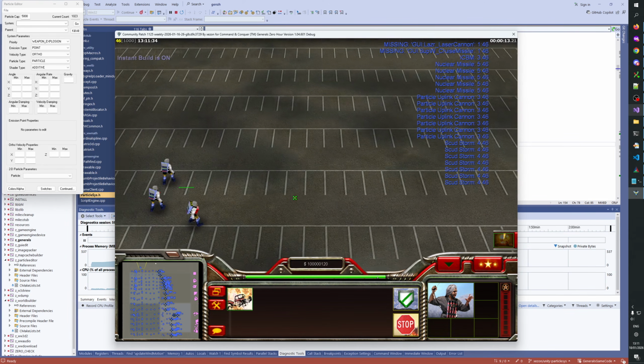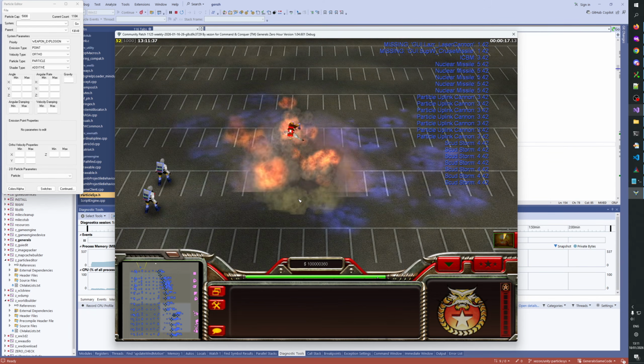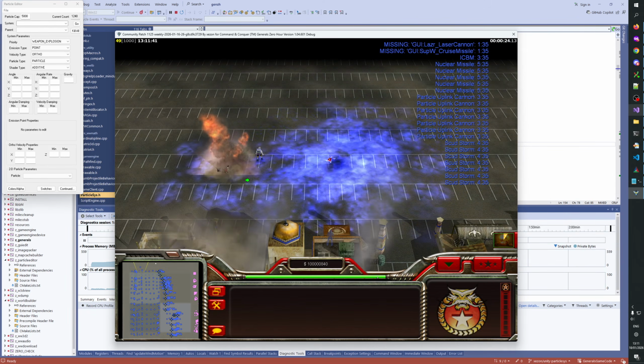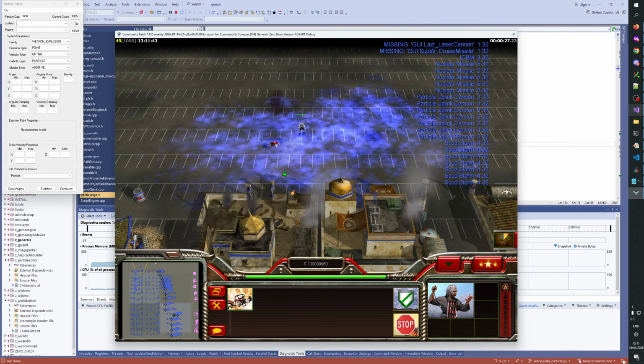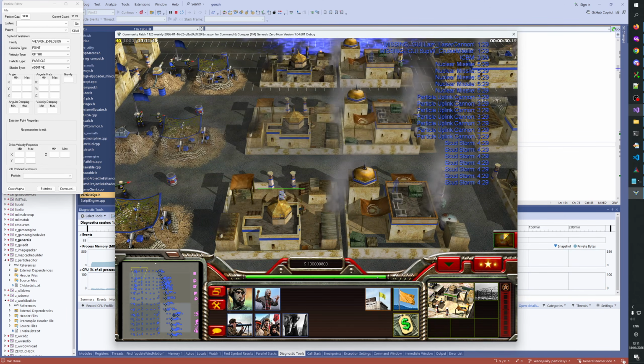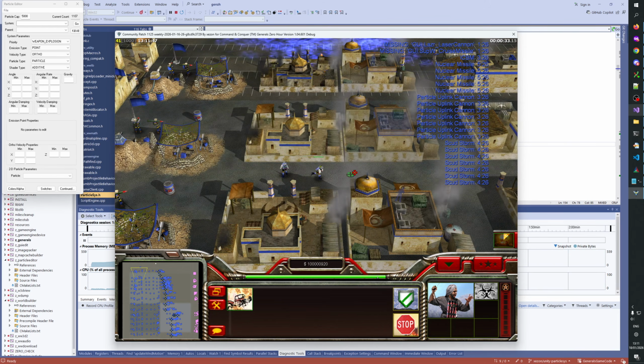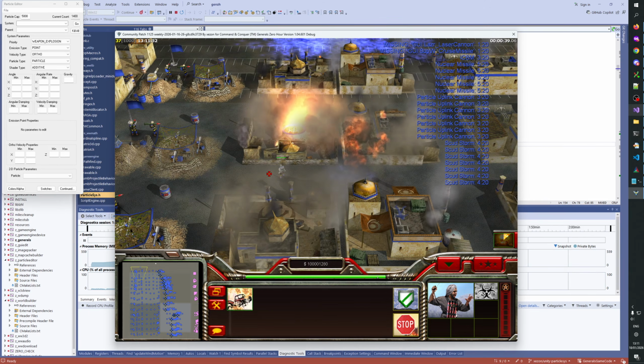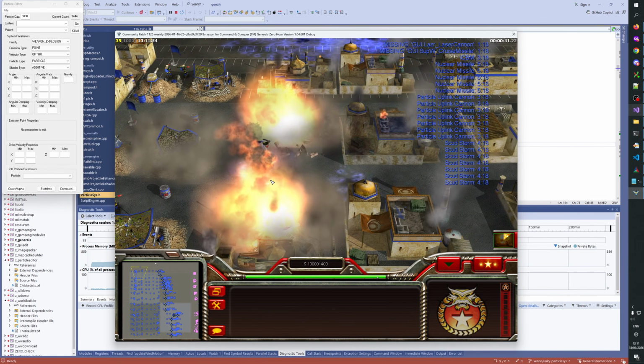And then we suicide here. And there we go. See that? Beautiful particle effects. These here. These pillars. Maybe we do one without the toxin. There we go. Beautiful.